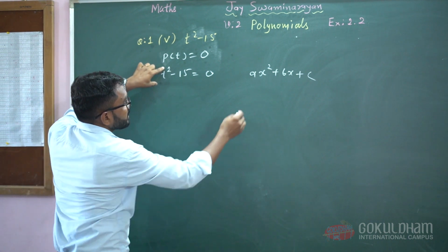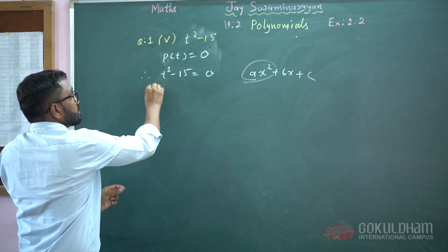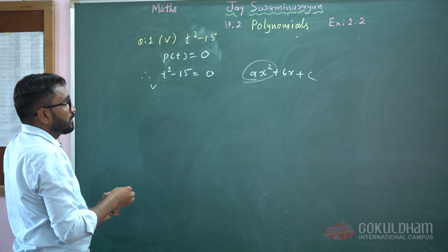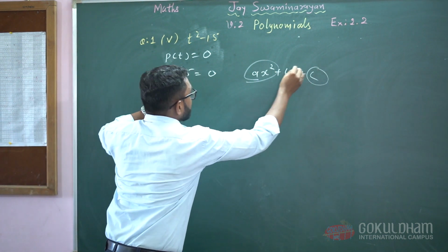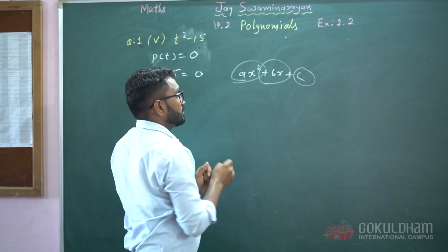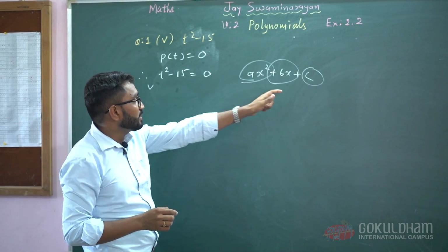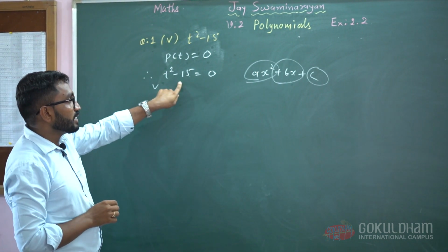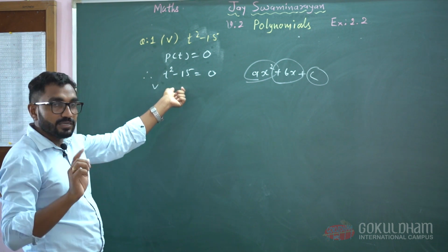Here in place of ax square we have t square, and the constant term is 15, but the variable term is not given, therefore our middle term is 0.